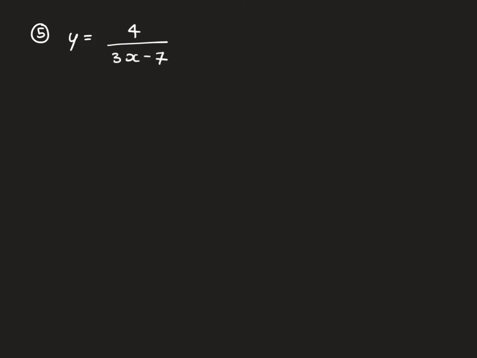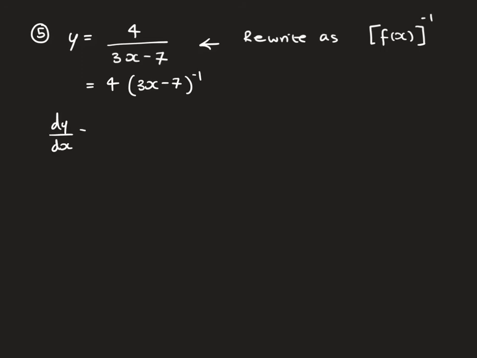So question 5, again, people might not necessarily recognise this as a type of power function, but we want to rewrite it as a function raised to the power of negative 1. So 4 brackets 3x minus 7 to the negative 1. dy by dx. Now this 4 that's at the front can just be here at the end.